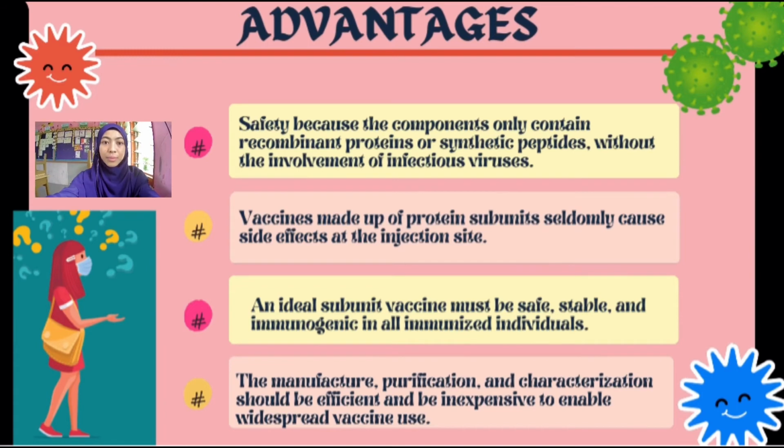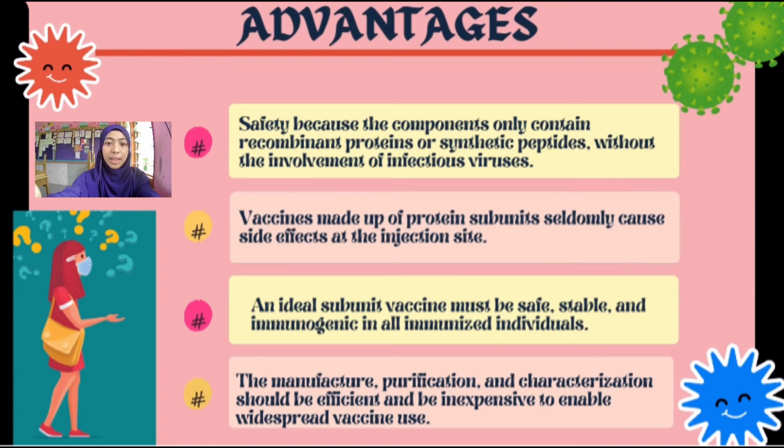Advantages: Number 1, protein subunit vaccine is safe because the components only contain recombinant proteins or synthetic peptides without the involvement of infectious viruses. Number 2, vaccines made up of protein subunits seldom cause side effects at the injection site.